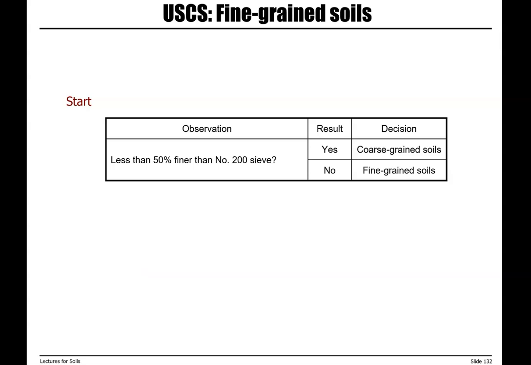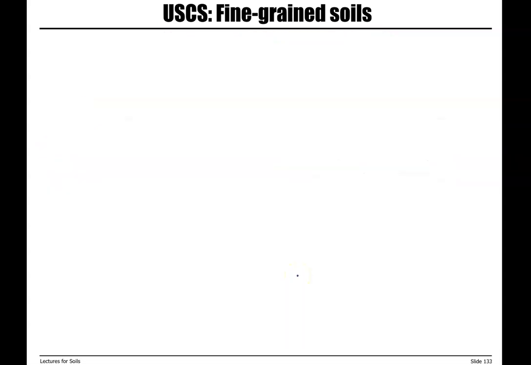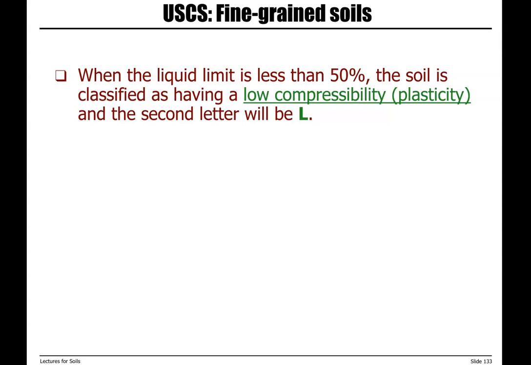So just to go over the chart that was in the previous slide, step 1, we'll look at percent passing from sieve number 200. Now in this case, when we have a fine-grained soil, our answer to the question less than 50% finer than sieve number 200, or less than 50% passing through sieve number 200, is no. More than 50% is passing through sieve number 200, which means that we have a fine-grained soil.